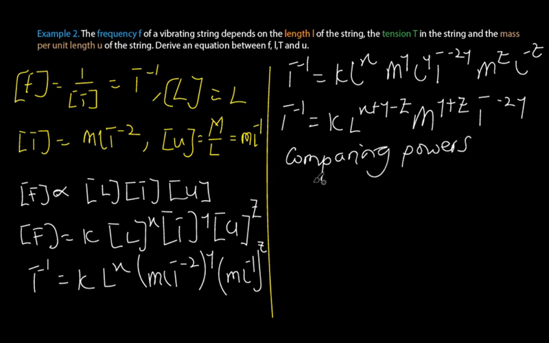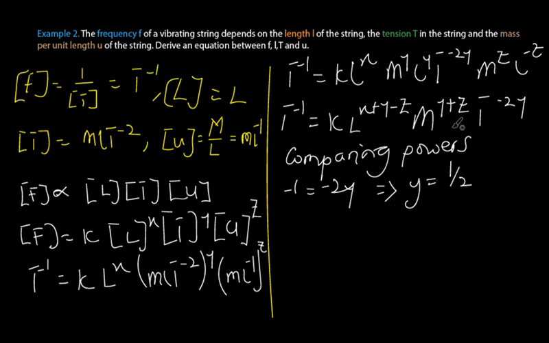Now comparing powers, because we have T here and T here, let's go the easier way and compare powers of T first. We have negative 1 equal to negative 2Y, which implies Y is equal to positive half.